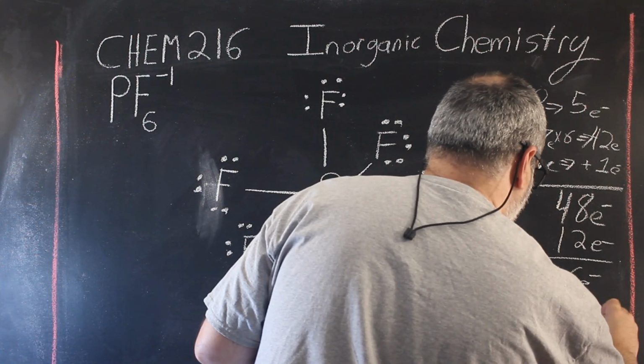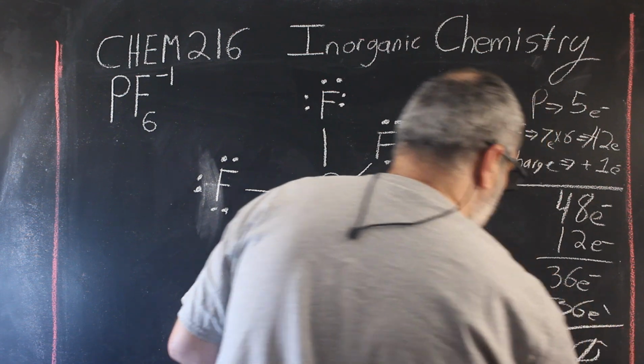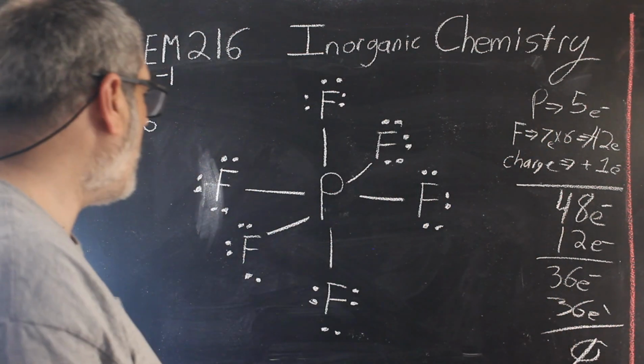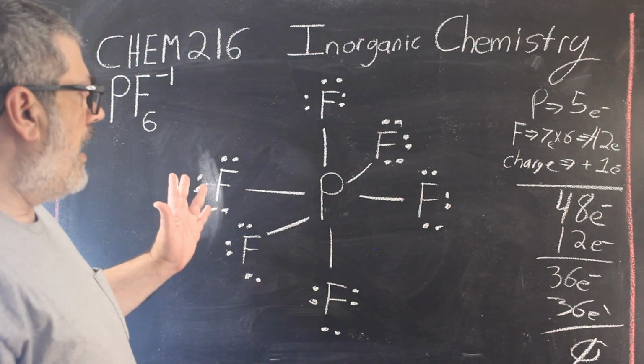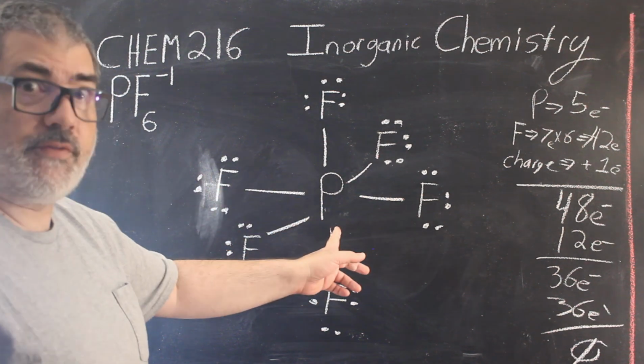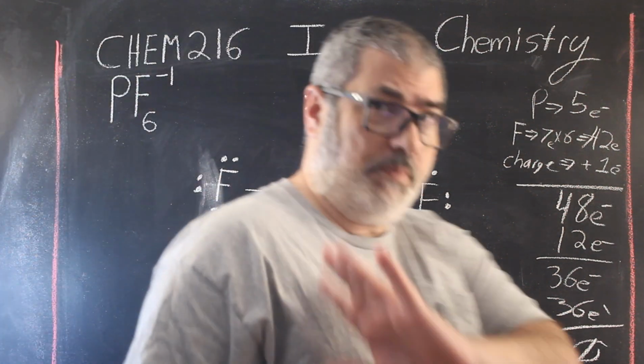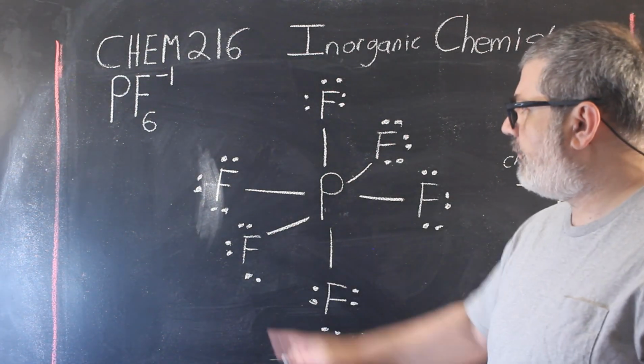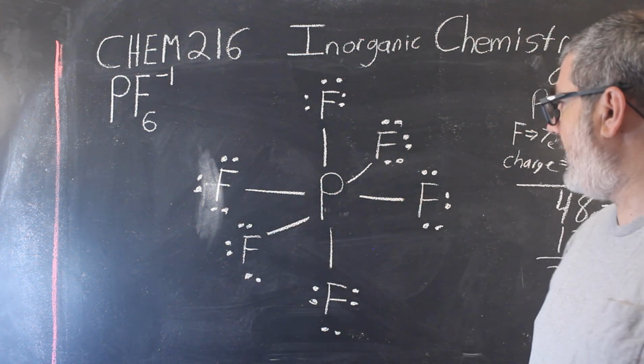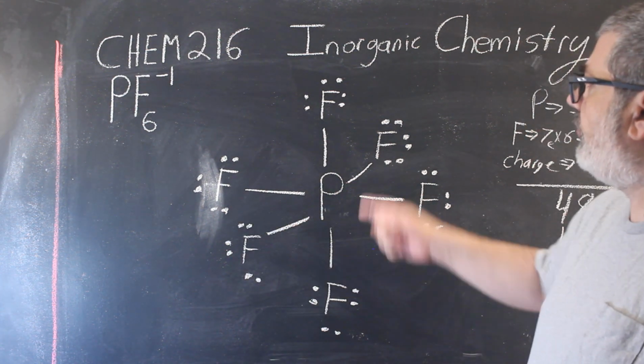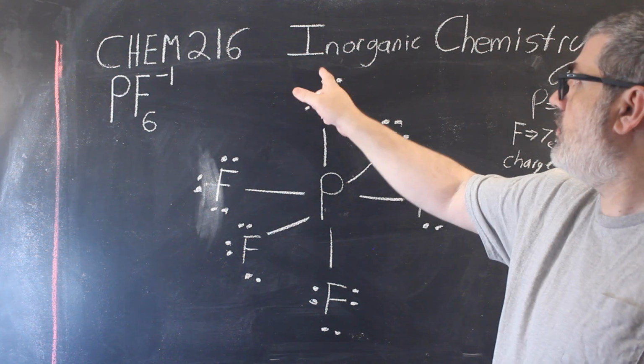And that's 36. So we've used all of our electrons. As I mentioned, phosphorus is not obeying the octet rule, but that's fine. Fluorine actually is obeying the octet rule. So pick any one of these fluorines, 2, 4, 6, 8.